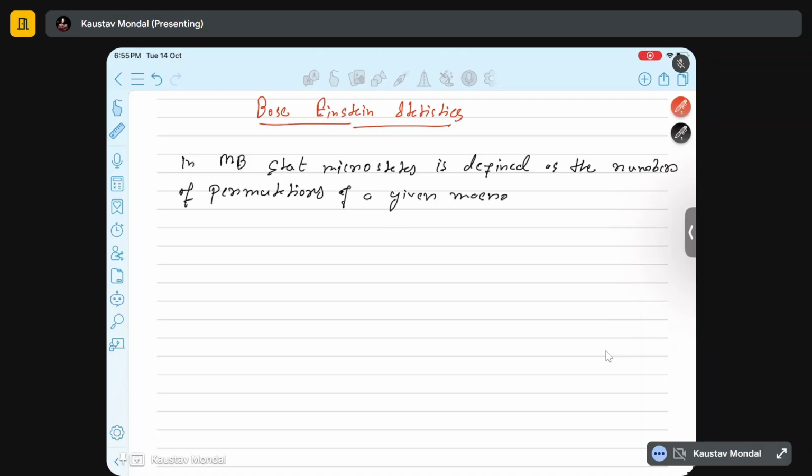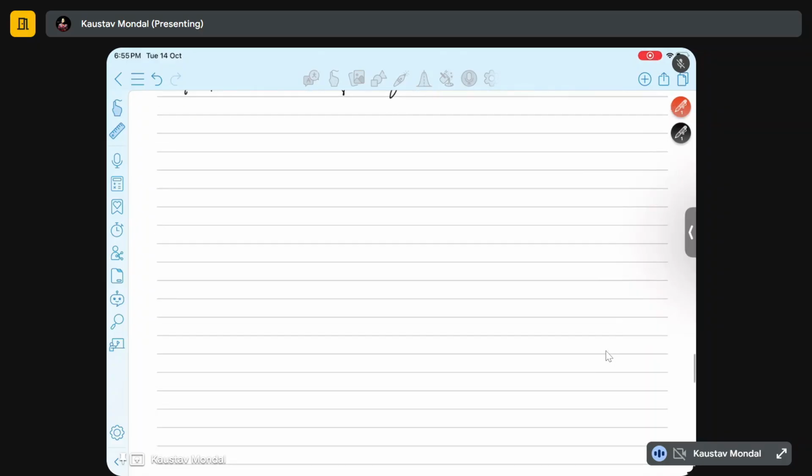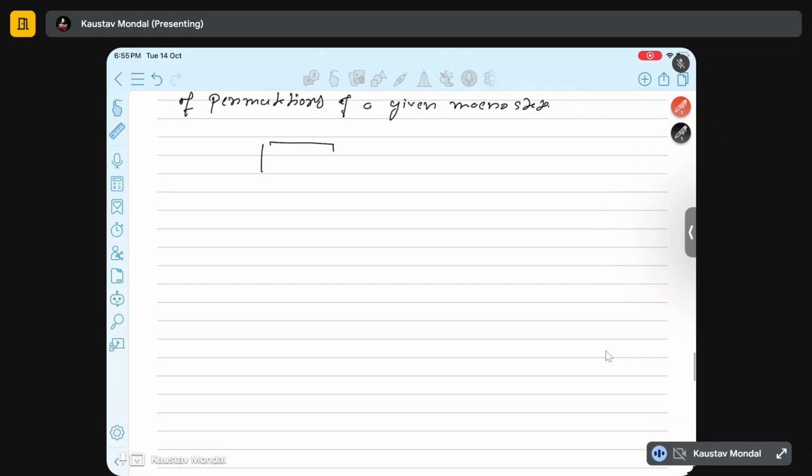It's like this. Let's suppose there are four particles, A, B, C, D, and two compartments.